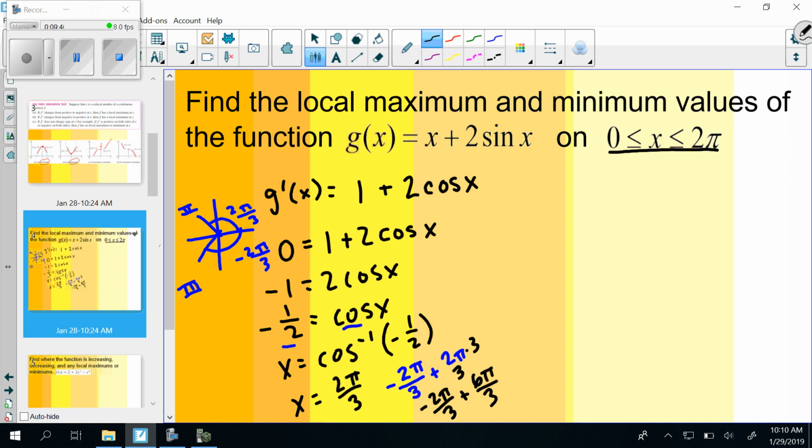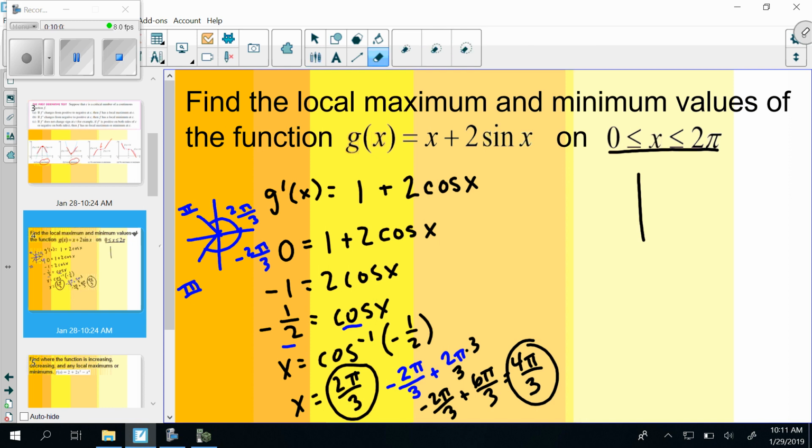And so adding that up, that would be 4 pi over 3. So the two locations here in between 0 and 2 pi that we'd want to check would be 2 pi over 3 and 4 pi over 3. All right, so now to figure out if they're maximum or minimum values, we want to check numbers in between.